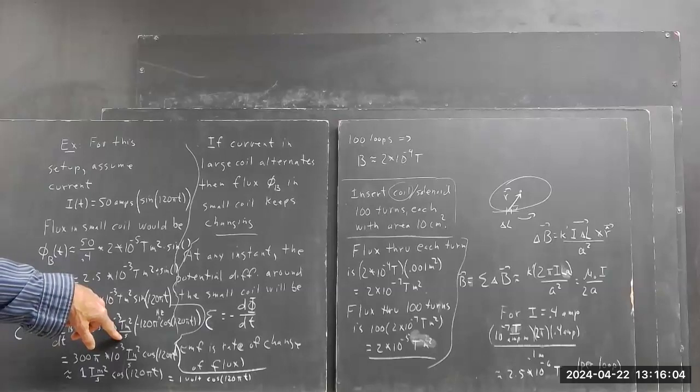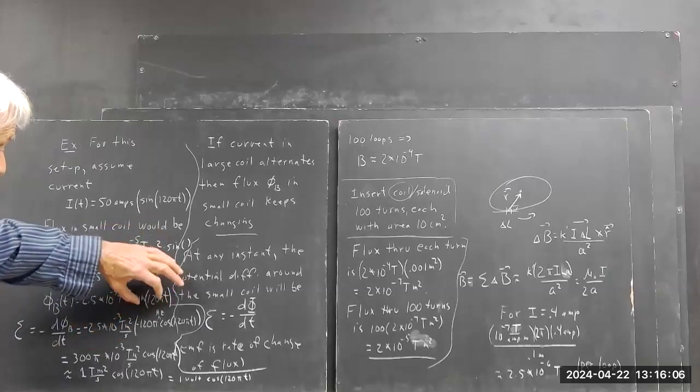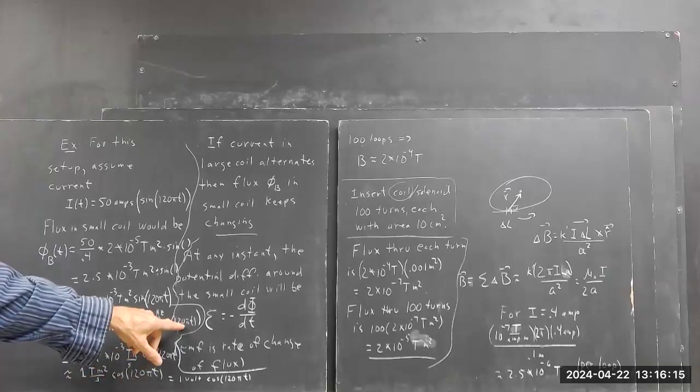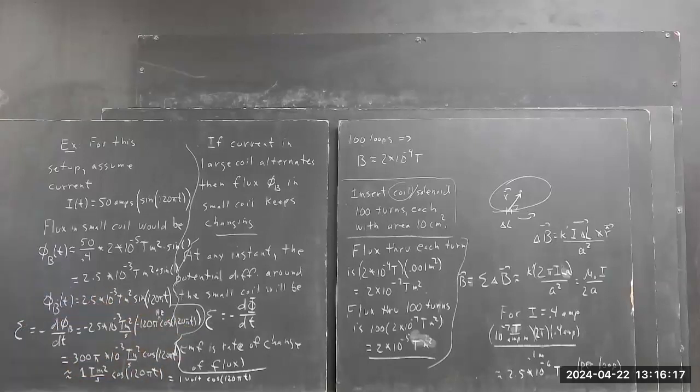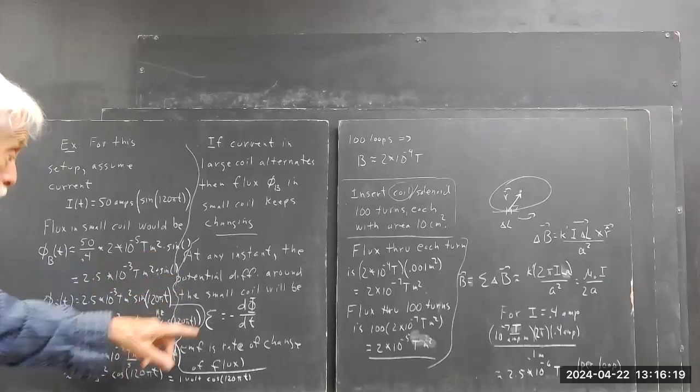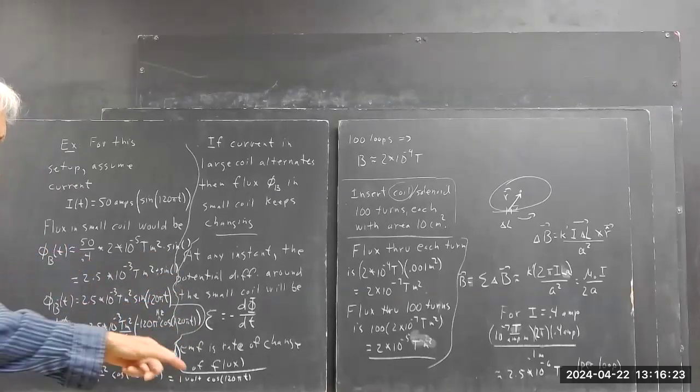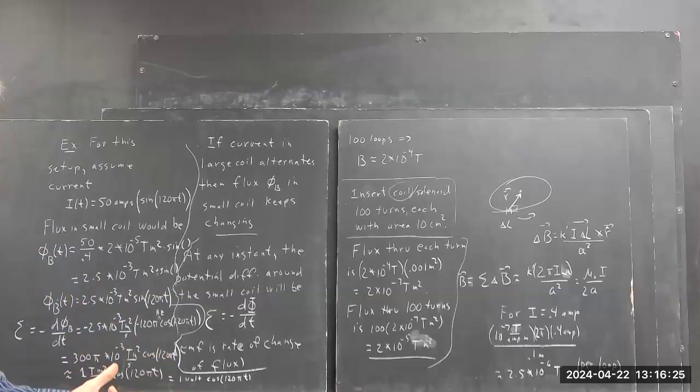Okay? And from the chain rule, the derivative of 120 pi hertz times cosine of 120 pi hertz times t is 120 pi hertz times all this. Now it's a little sloppy with my unit set. Understand what I mean?